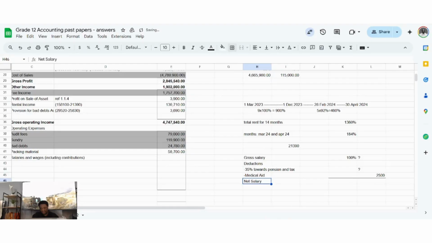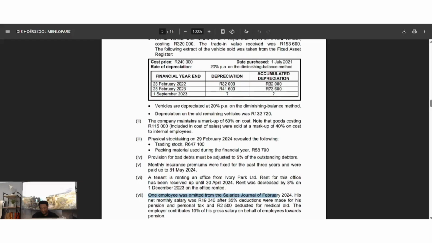The net salary that we're looking for here is basically the net salary before medical aid. So let's get the net salary first and then go before medical aid. The net salary that we got was basically 19,340. I think that was the amount given. Let me just double check. Yes, 19,340.